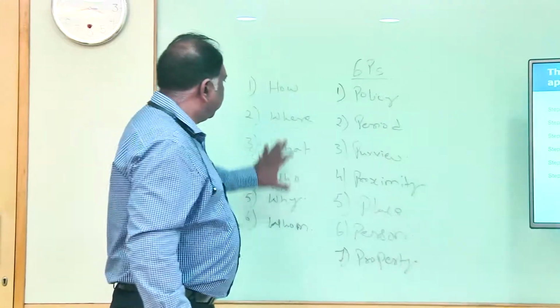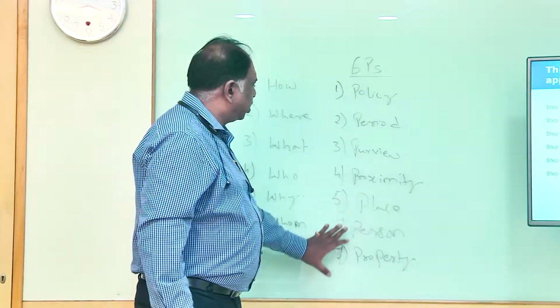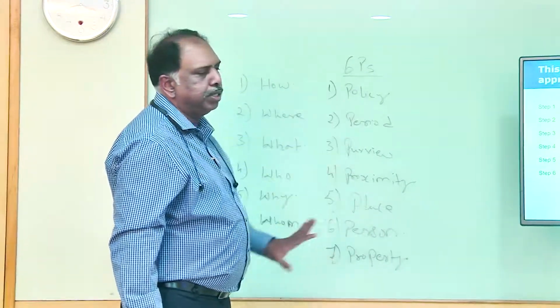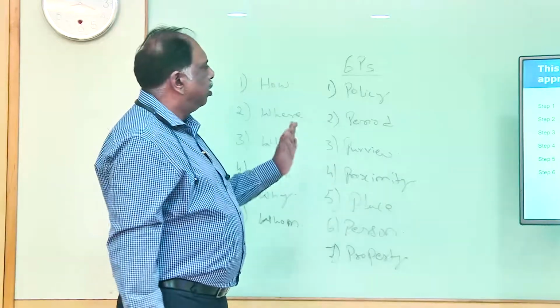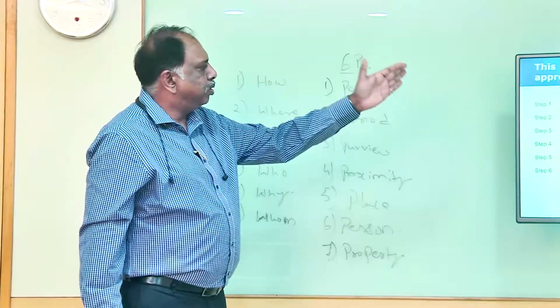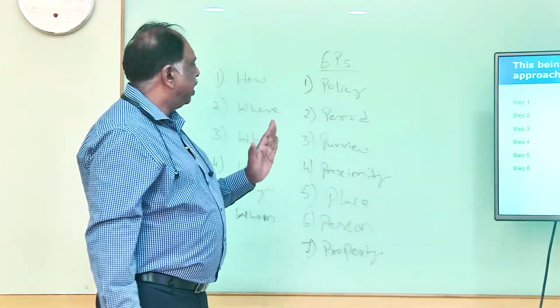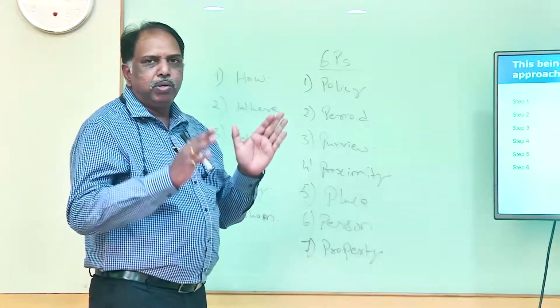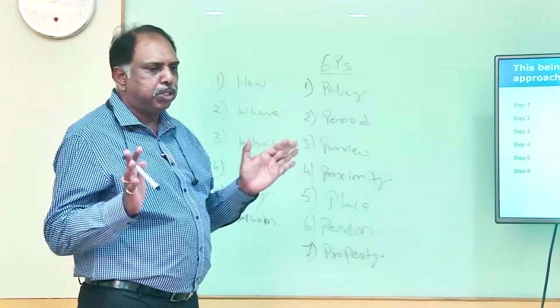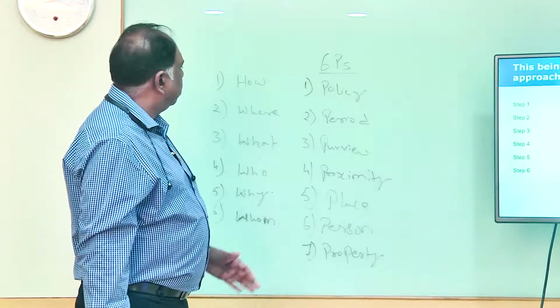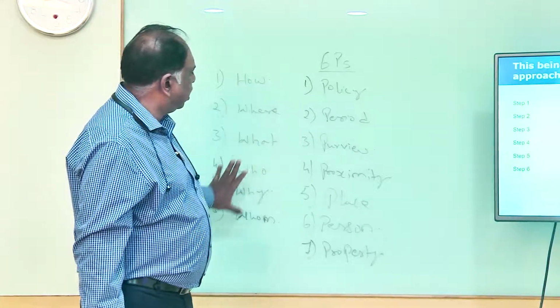So if all these questions and these 6 P's, 7 P's can be answered, automatically step 1, step 2, step 3, step 4 and step 5 we are talking about can be complied with, and then you will get a complete holistic picture about a vehicle. Okay, so just keep this in mind.